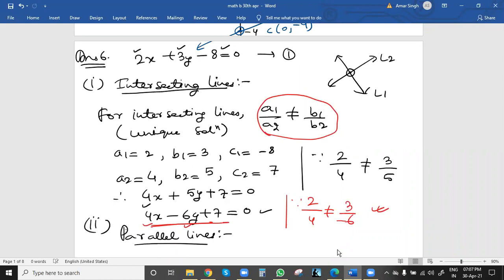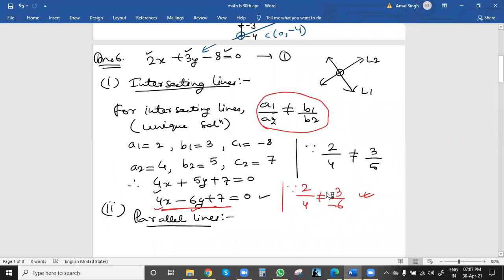Parallel lines, we know that the lines will be parallel. That means we can call them L1, L2. Later we can draw a graph also, but the graph is secondary. If you have the equation, you can draw the graph accordingly. So take the value such that drawing the graph becomes easier for you.